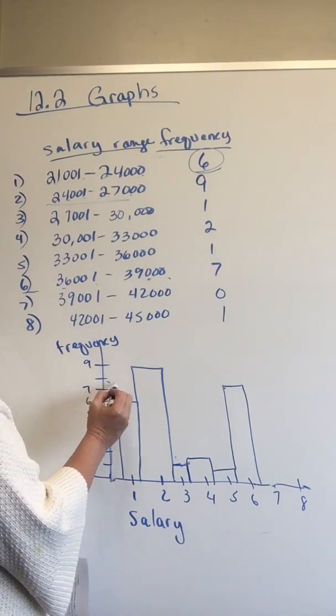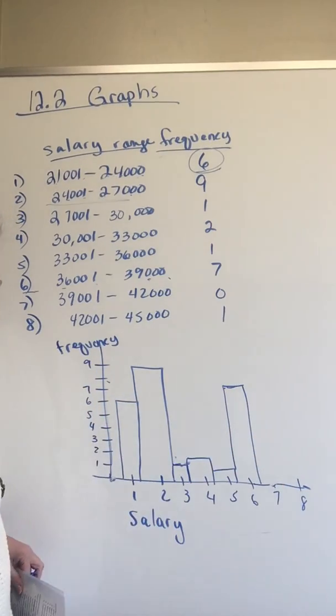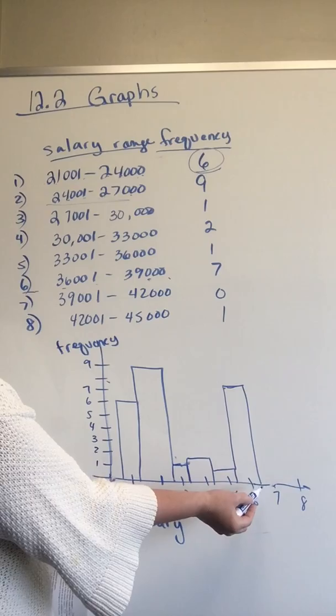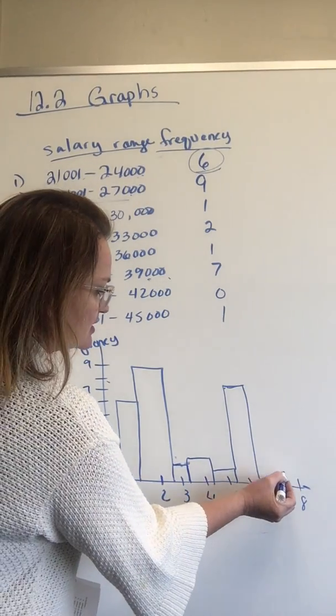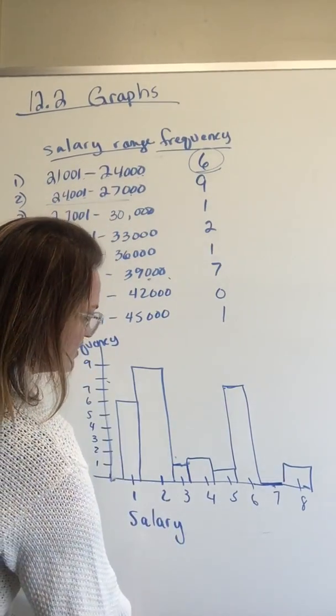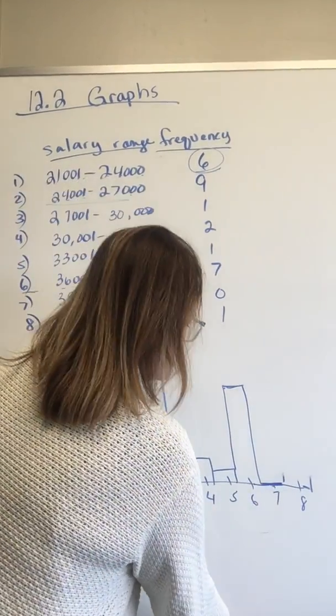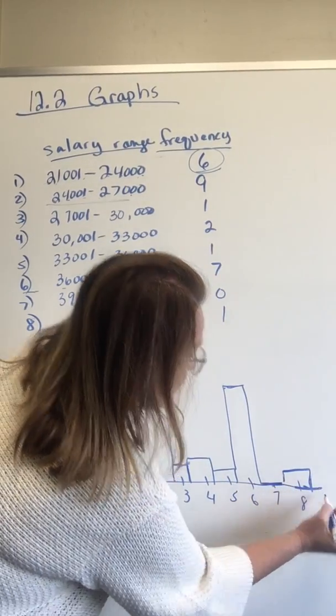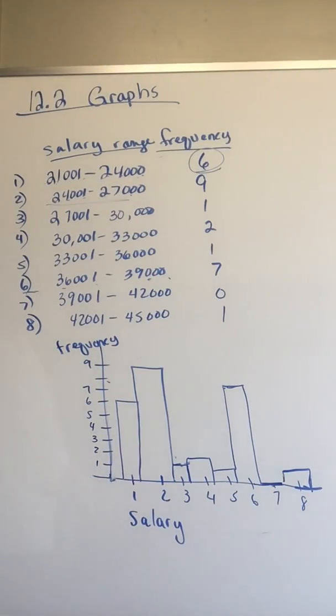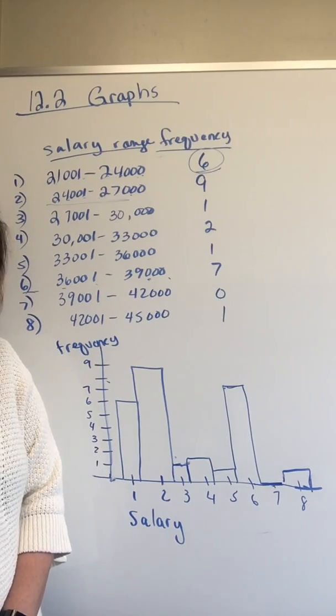Does it look good from your side? Okay, then number 7 is 0. And then number 8, up 1. I think I made it a little too tall. 1 is right here, so about right like that. So that would be a bar graph or a histogram of that data.